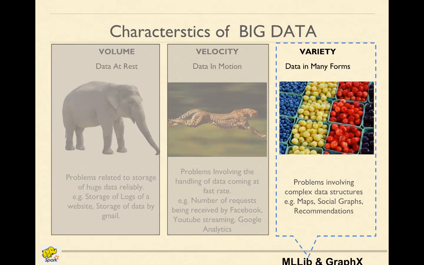It could become impossible to solve using existing tools. That's why we call those problems big data problems as well. So we will talk about MLlib, GraphX, and also Mahout briefly to address the variety part of data.